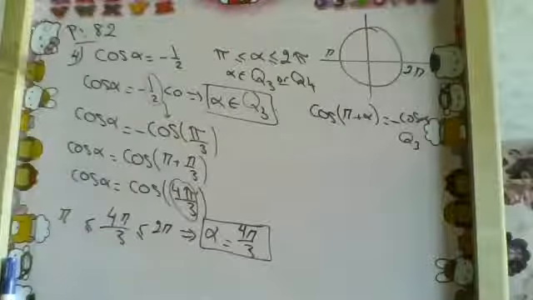Why am I telling you this? Because you are used to degrees. Each 90 degrees is pi over 2. So each quadrant you add pi over 2.